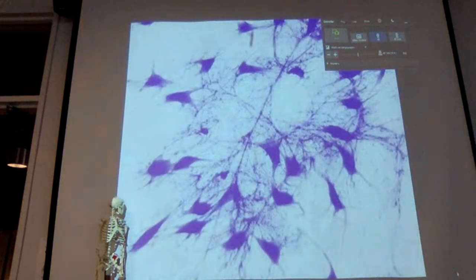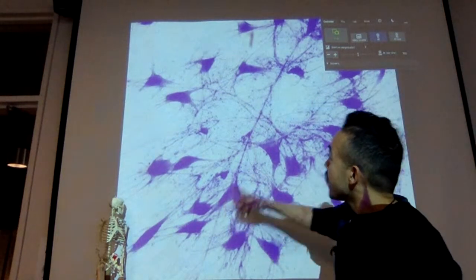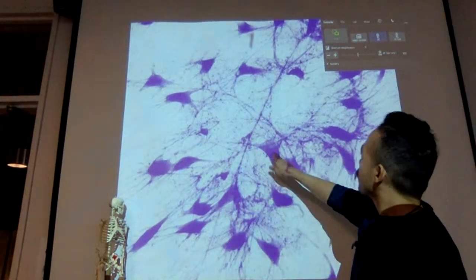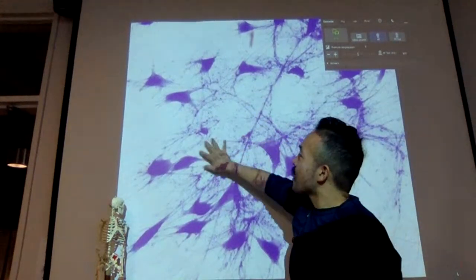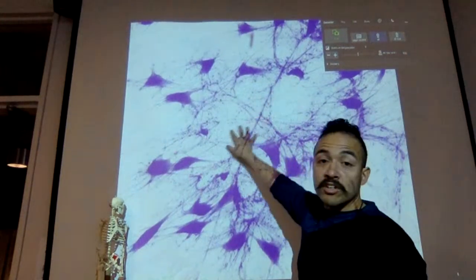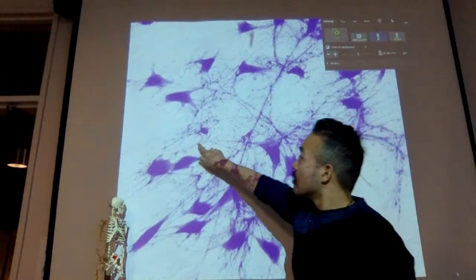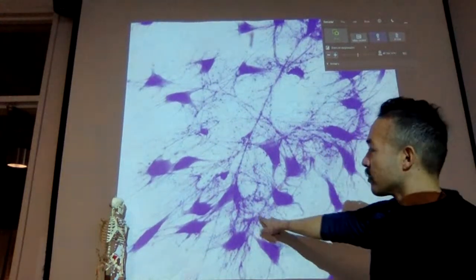Okay, here's a huge cluster of neurons and other extensions. What I want you to notice about this, yes, here's the neuron and its nucleus is going to be in here, but we see more dots spread throughout. Those are glial cells. These dots are nuclei of glial cells all around.